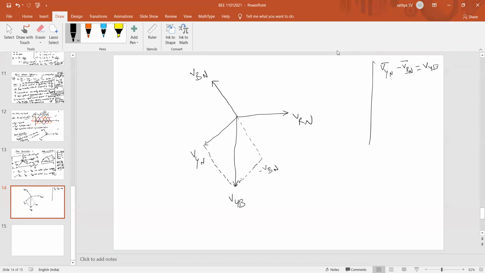And if you go for the second parameter, that is VBR or VRY, VBN is already there, and you can extend your VRN to the negative side. Shall I mention that as VBN minus VRN? From these two, we form the resultant vector.